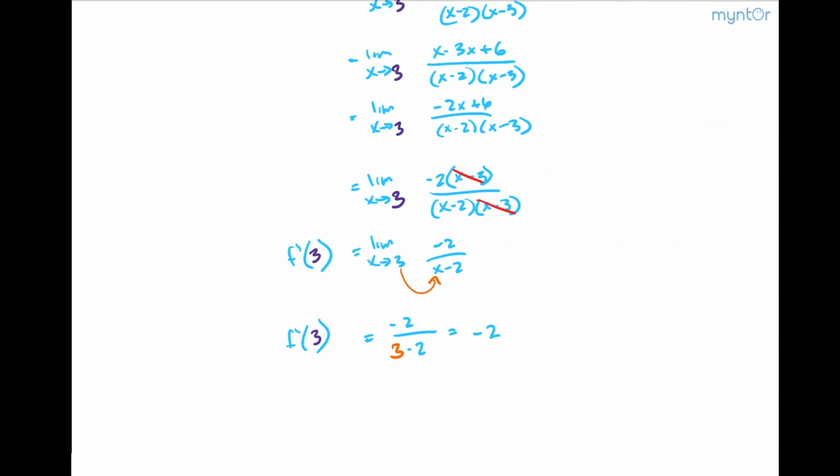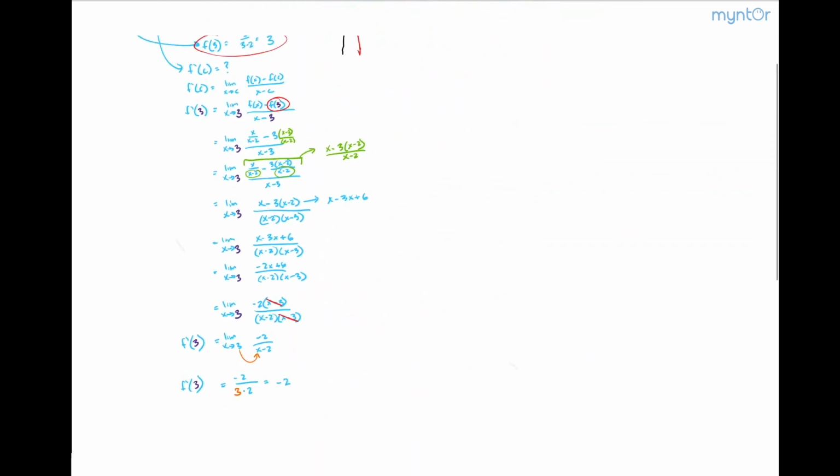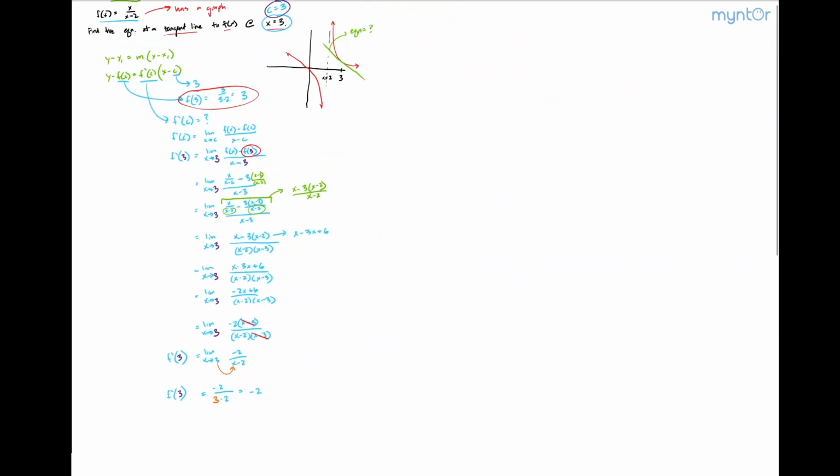Great. So I'm going to zoom out here so we can see all the work that we just did. And remember, what we were looking at was this equation right here. We're trying to come up with the line equation for the tangent line. And so we've now filled in all of our variables. As a refresher, y minus f of c is equal to f prime of c times x minus c.